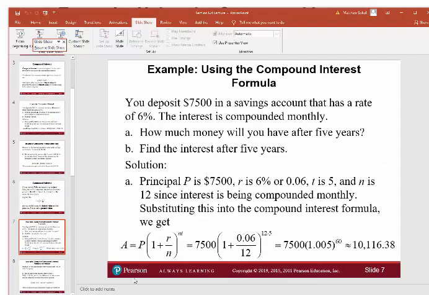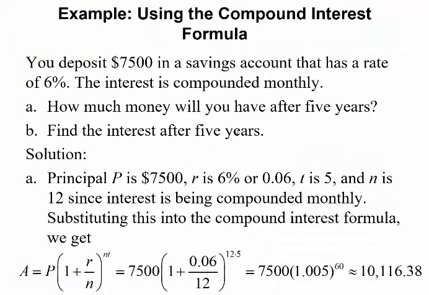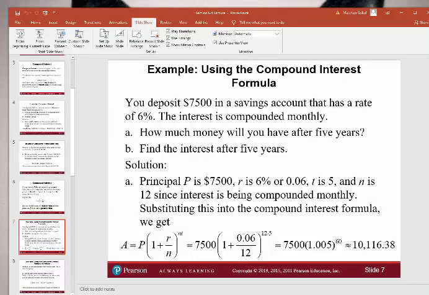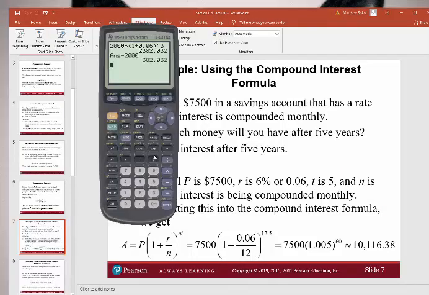I'm going to show you how to do this in your calculator again. You're going to take the principal, which is $7,500, and multiply it. Now in parentheses, you're going to take 1 plus 0.06 divided by 12.